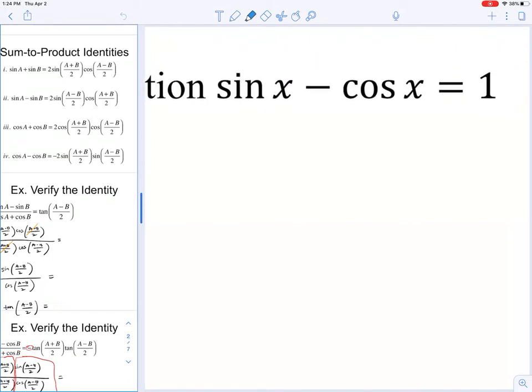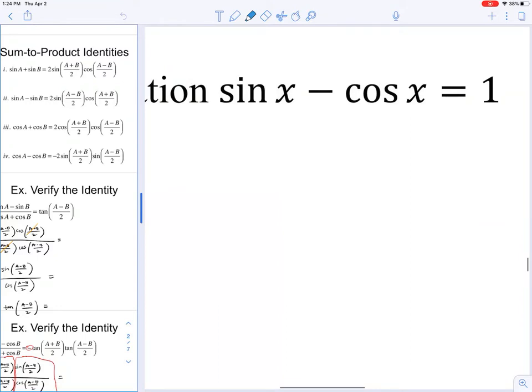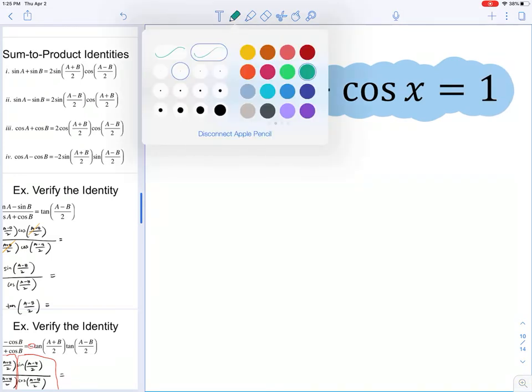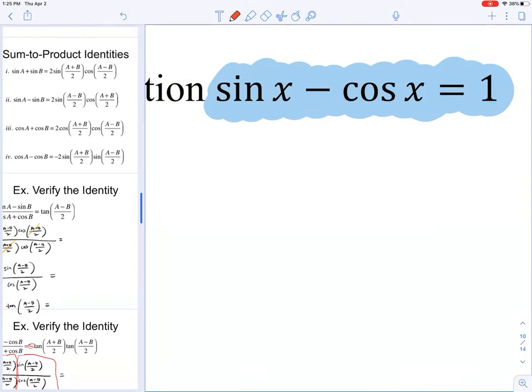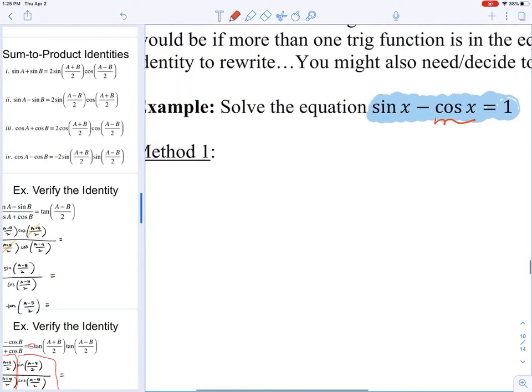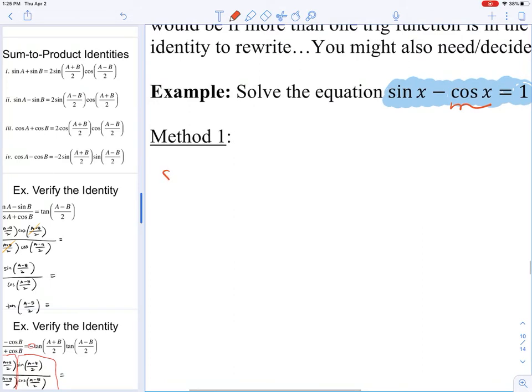Okay, so notice that we have sine and cosine in this equation. So we have sine of x minus cosine of x equals 1. What I'm going to do is use the cofunction identity to rewrite cosine as sine of pi over 2 minus x.